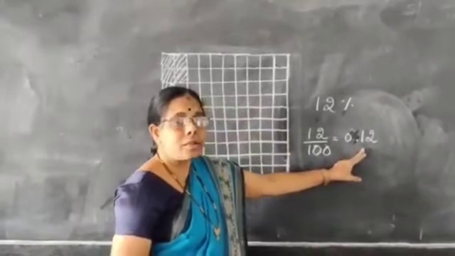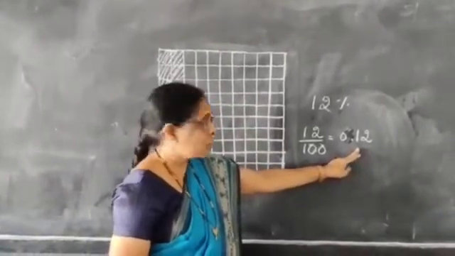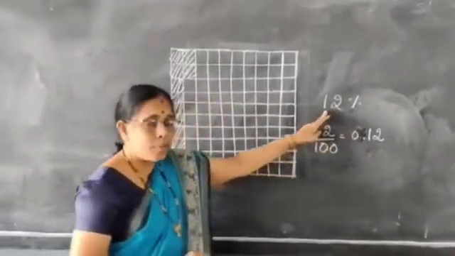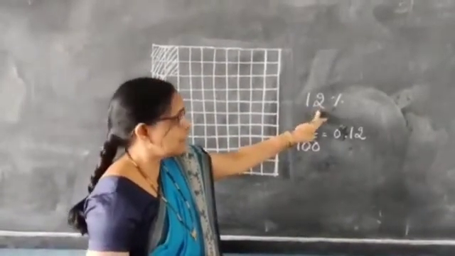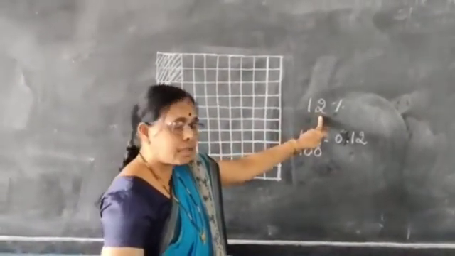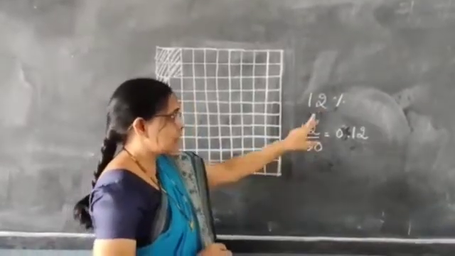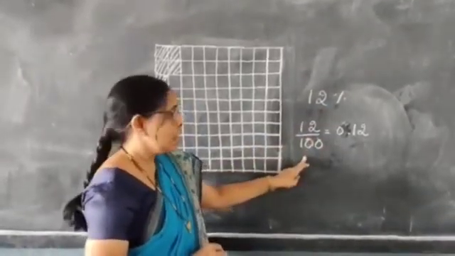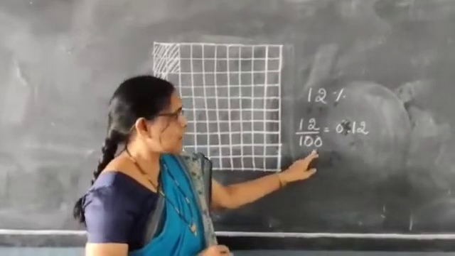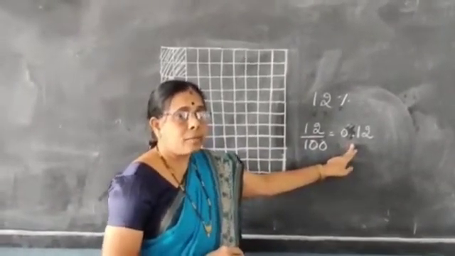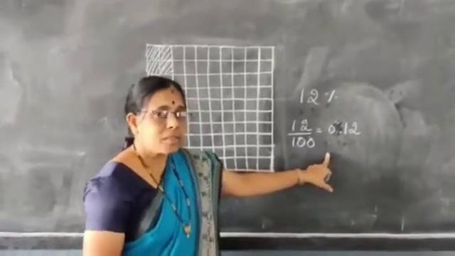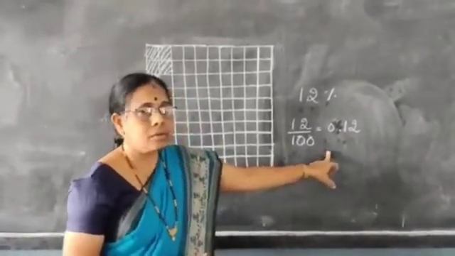This is the decimal form. So we can represent in 3 ways. Here we wrote in percentage form, and the percentage we converted into fraction form, and the fraction form we wrote in decimal form. Okay? We represent in 3 ways.